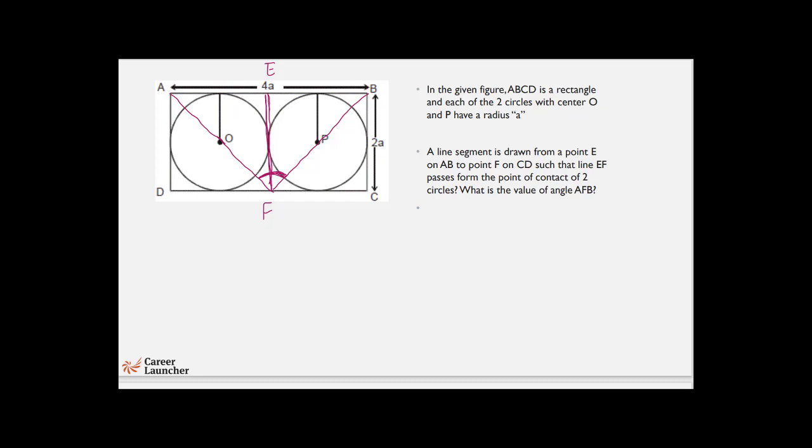Now to find the value of angle AFP, first we'll have to find the value of these angles. Now this particular angle is going to be 90 degrees. Why? Because the radius and tangent to a circle are always at 90 degrees to each other, or always perpendicular to each other.